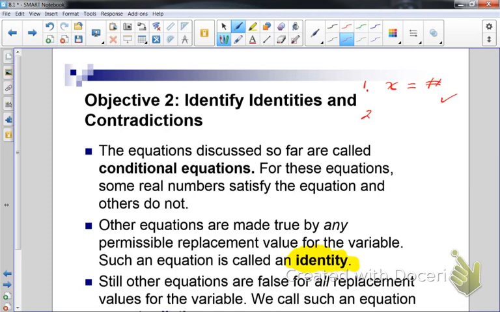Number 2, when you have the same number, let's say 5, on both sides, that is called the identity. And then number 3 will be, for example, 0 is equal to 5. This is not true, because 0 does not equal 5. So there are 3 possible solutions when it comes to identifying the solution.